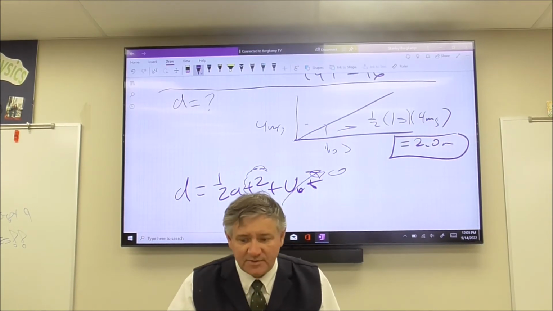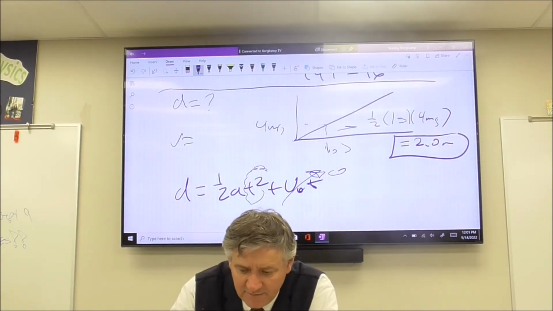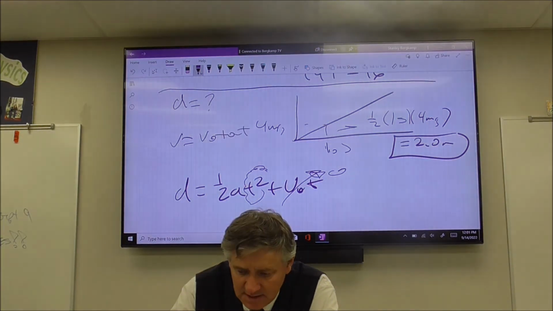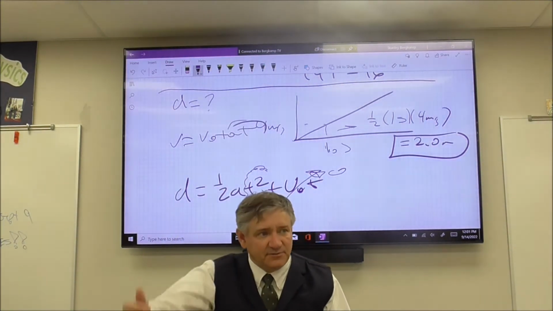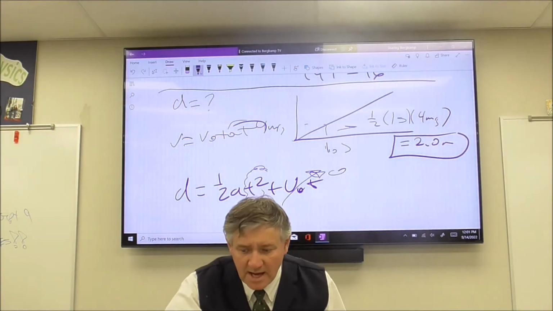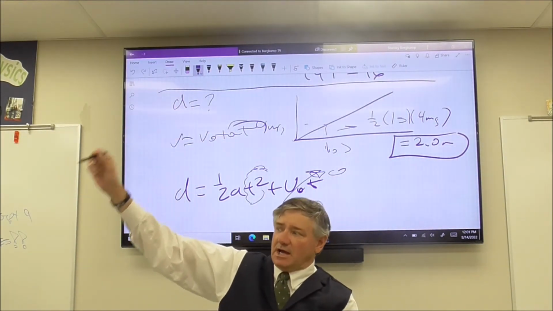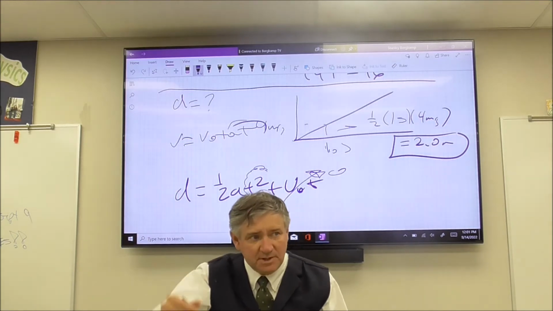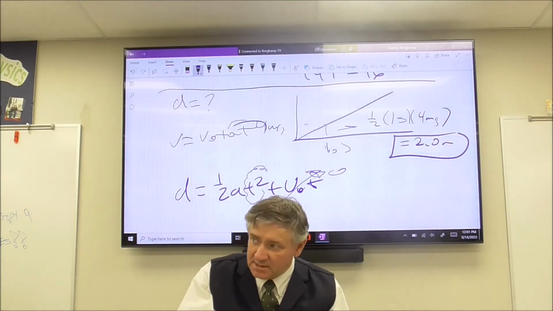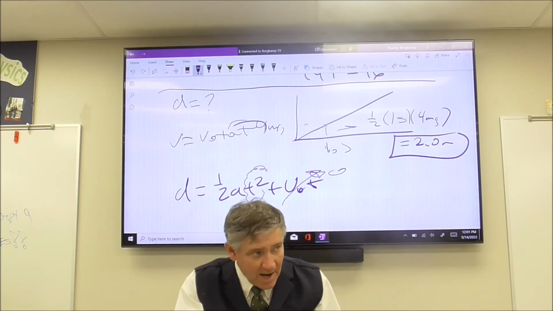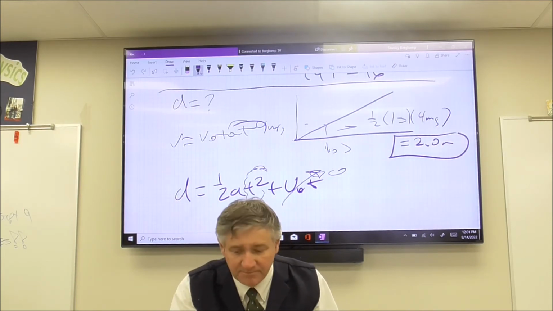So here's the difference. If you look at v equals v naught plus at, that's just acceleration times time. That's a linear function. This one, I have acceleration times time squared, which means it's going to be a quadratic function, okay? So whenever you see something squared, when you go to graph it, it's going to be a quadratic function.